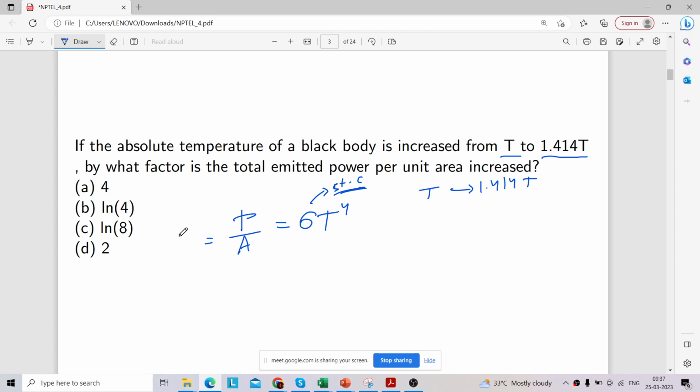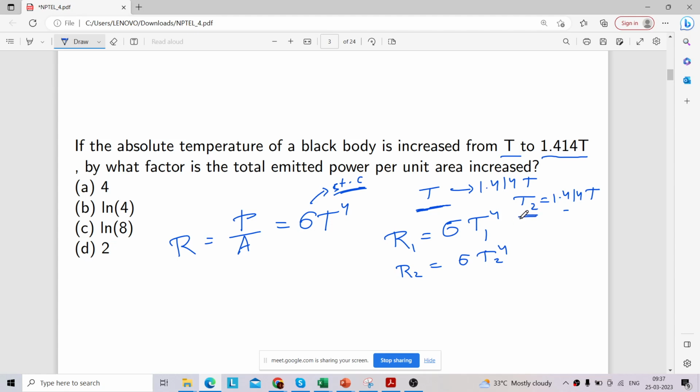Let's denote this quantity as R. Initially we have temperature T1, and R1 is sigma T1 to the power 4. The temperature changes to T2, which is 1.414 T, so I can write R2 as sigma T2 to the power 4.